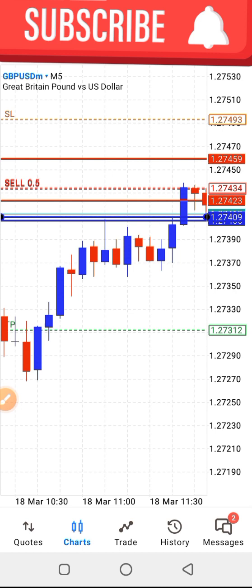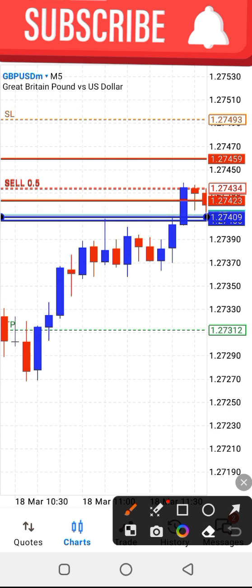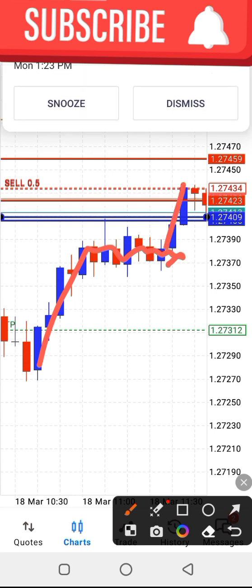So we expect some form of pullback while the market is coming back to that zone, and that's what we have. You can see the market has started coming back to the zone. It rested a bit here as if it went sideways. That's good, showing that you don't have an outright aggressive move towards the zone.